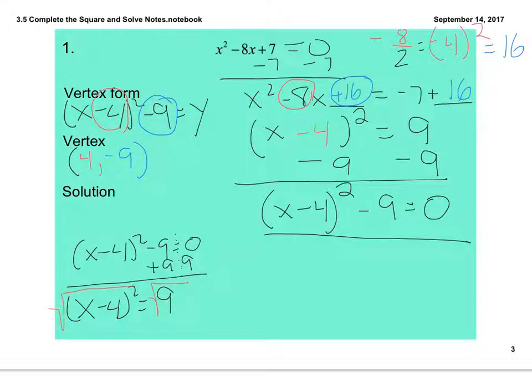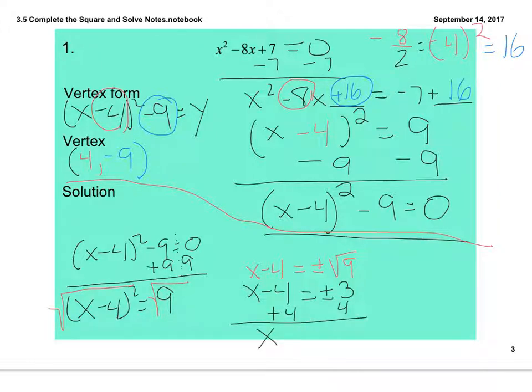When I do that, I end up with x minus 4 is equal to plus or minus the square root of 9. Now, fortunately, in a problem like this, the square root of 9 is equal to 3, so I'm going to have plus or minus 3. I have x minus 4 is equal to plus or minus 3. I'm going to add 4 to both sides now.